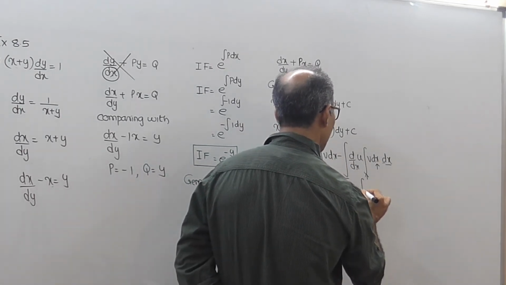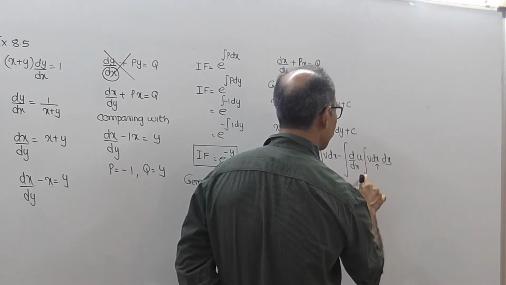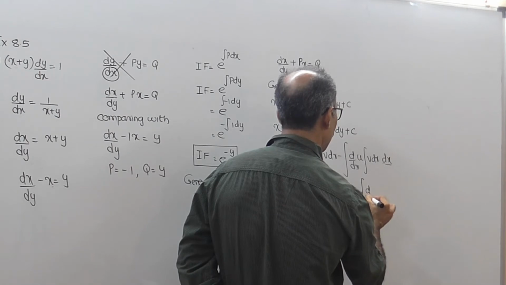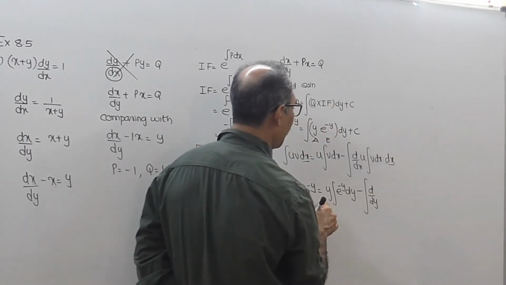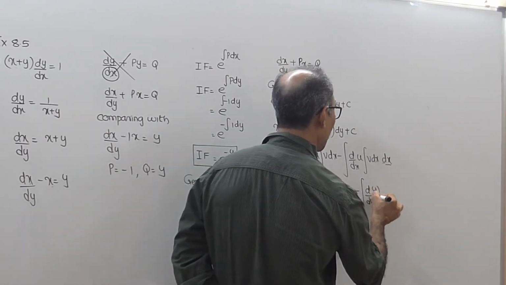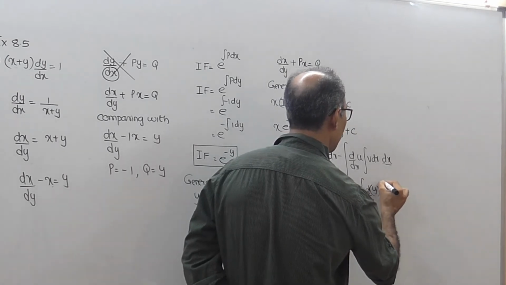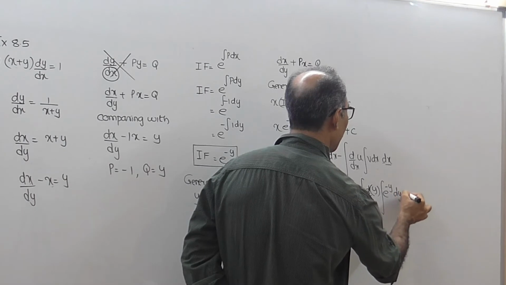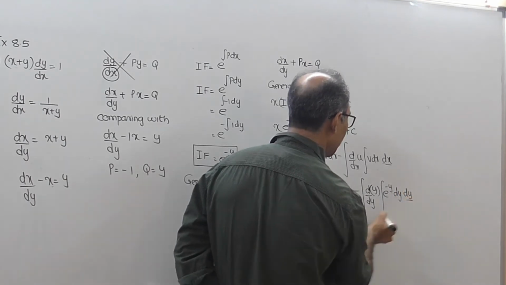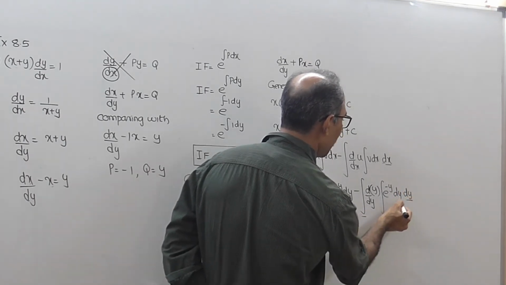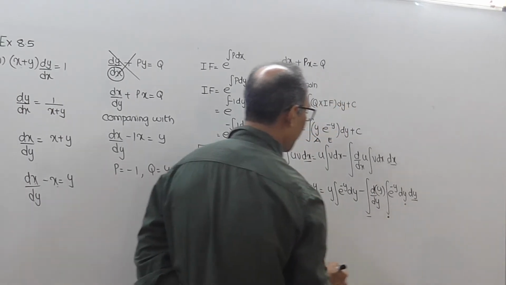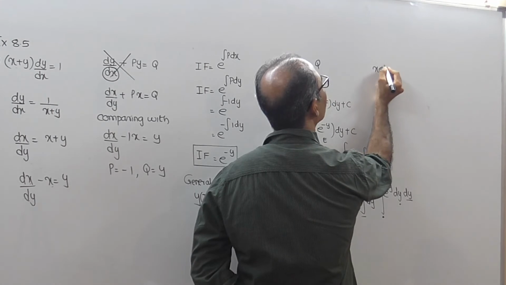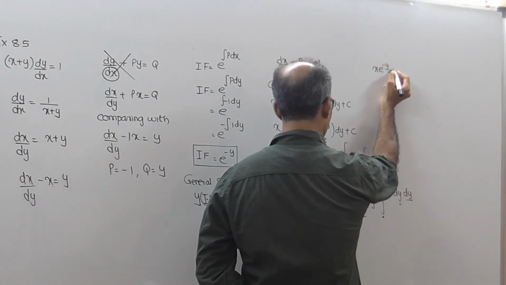Minus bigger integration. It won't be d by dx, it will be d by dy of y, integration e raised to minus y dy, and dy. This dy is for the bigger integration and this dy is for the smaller integration. So we get this as x e raised to minus y.